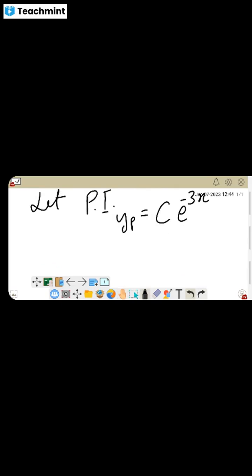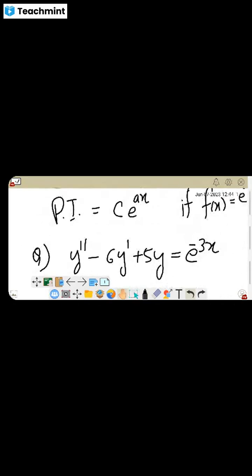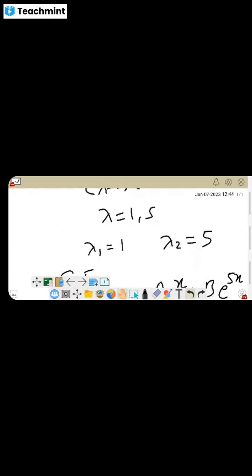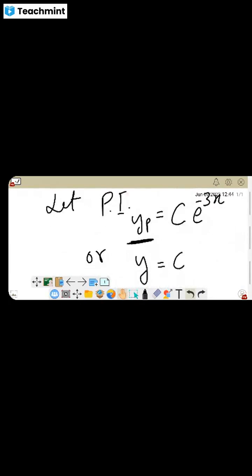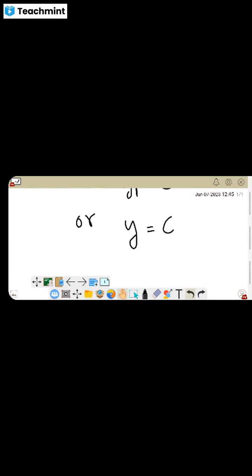Or you can simply take y as the solution of the equation.